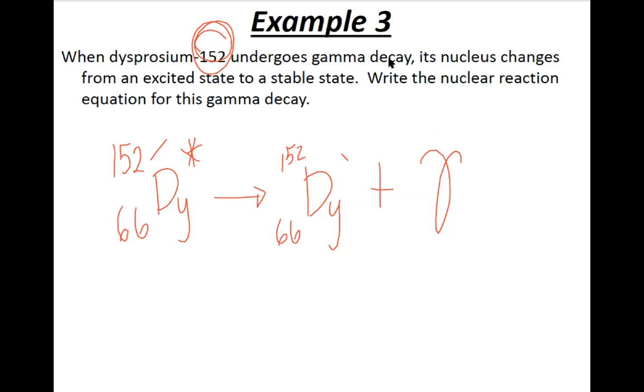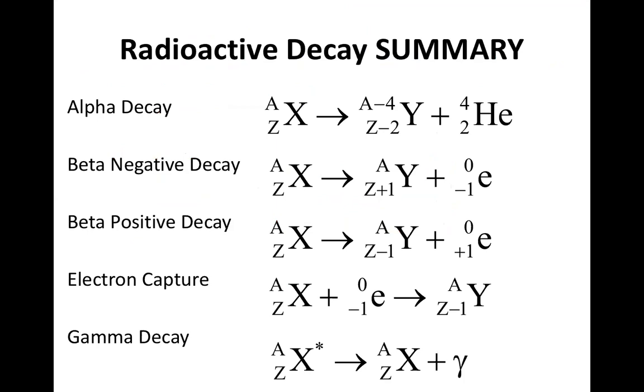And it says gamma decay, so we're going to give it this asterisk, and it's only going to have one thing on the reactant side. And then we're going to write the gamma symbol because it said gamma decay, and nothing is going to change about the numbers or the symbols except omitting the asterisk. Okay, so that's all of them.